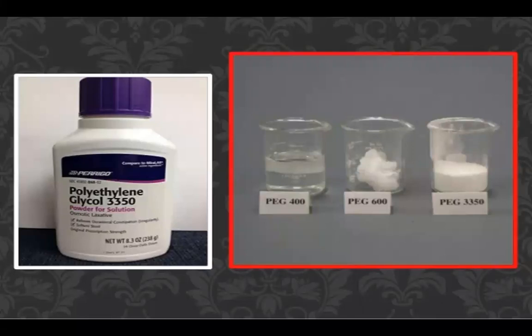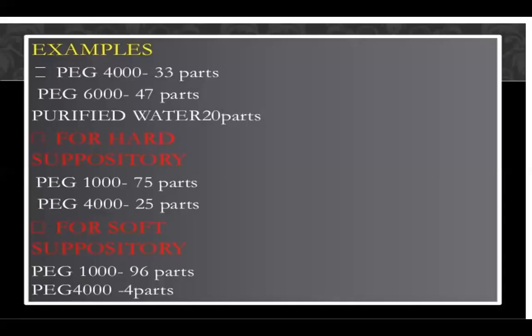These are various shapes. For example, in one base, PEG 4000 has 33 parts, 6000 has 47 parts, and purified water up to 20 parts. So if you combine these, it becomes 100.